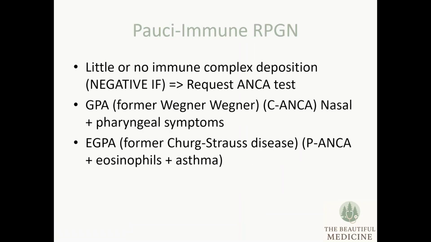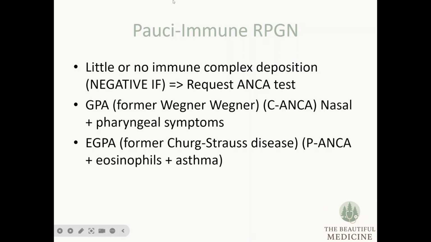Pauci-immune RPGN: little or no immune complex deposition, negative IF, so negative, this is key. So after you get the negative, you do the ANCA test.